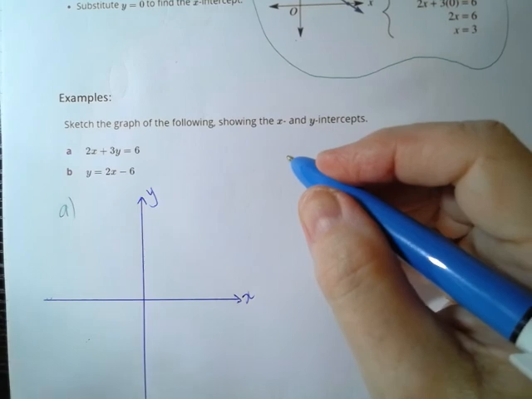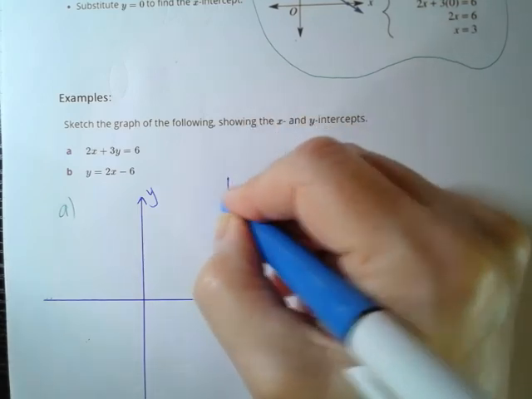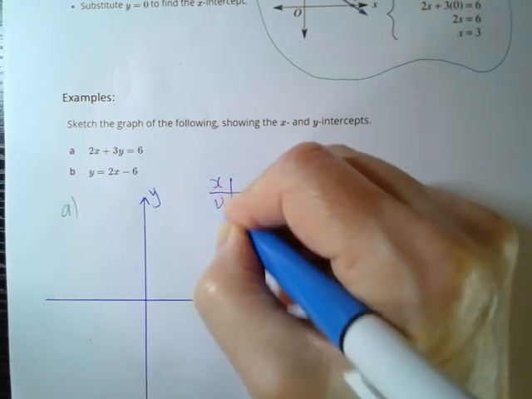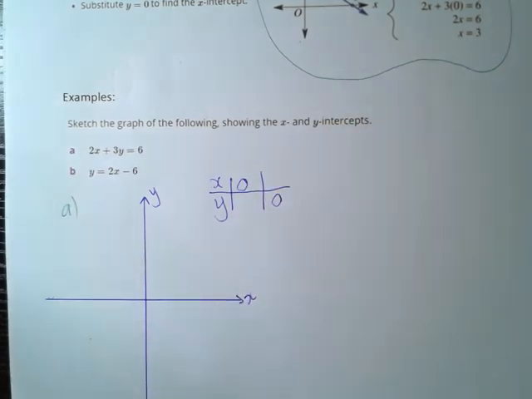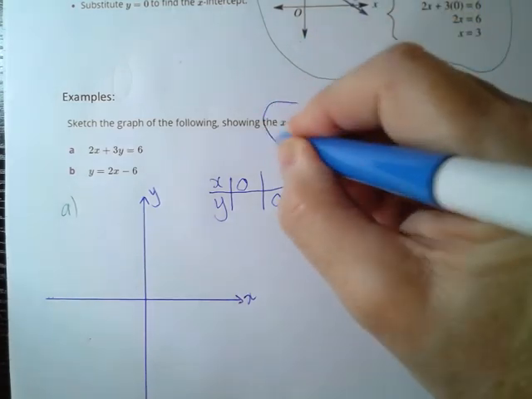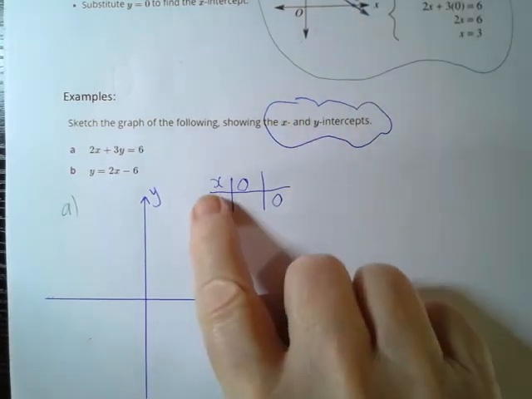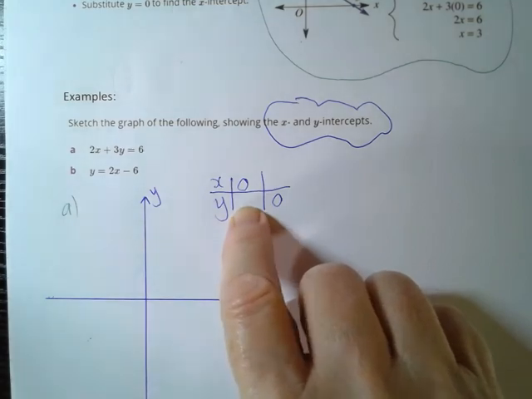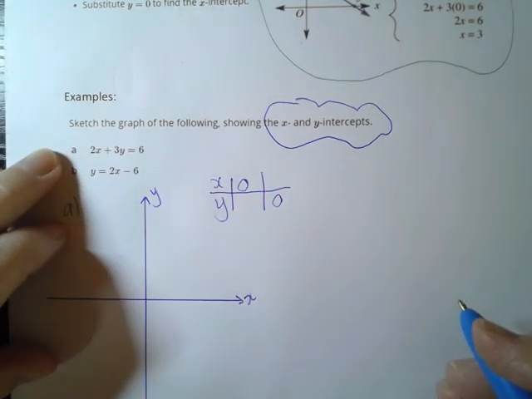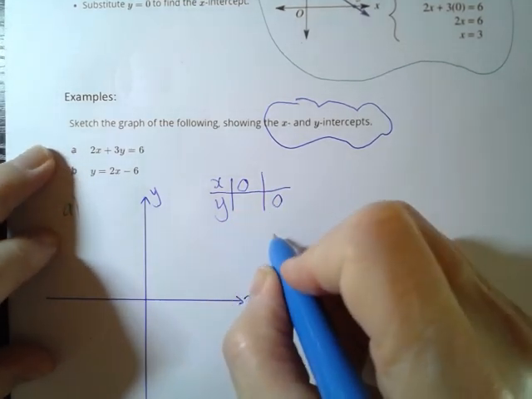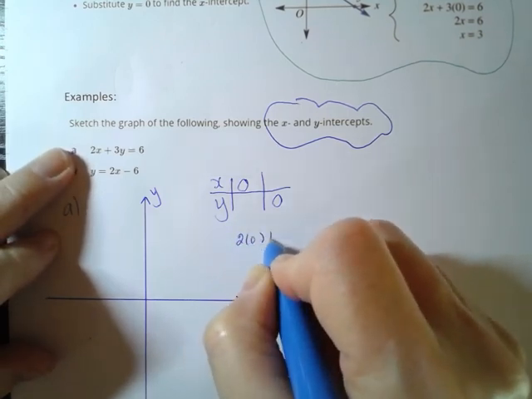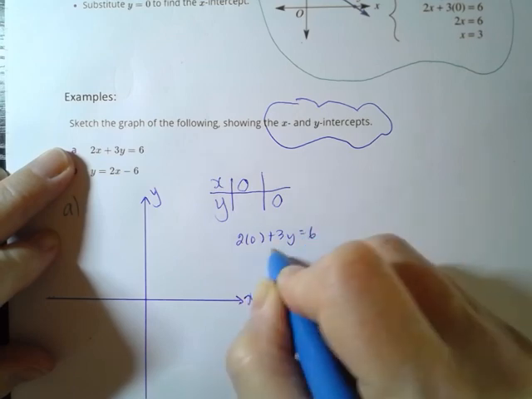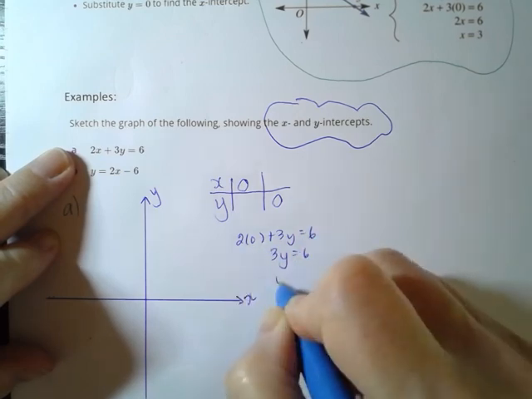And for A, I'm just going to use the intercepts. So all I'm concerned about is when x is 0, what's y, and when y is 0, what's x. So this is a table of values for intercepts, because when x is 0, I'm at the y-axis, and when y is 0, I'm at the x-axis. So I'm going to look at A, and I'm going to say, okay, when x is 0, I get 2 times 0 plus 3y equals 6, or 3y equals 6, or y equals 2.